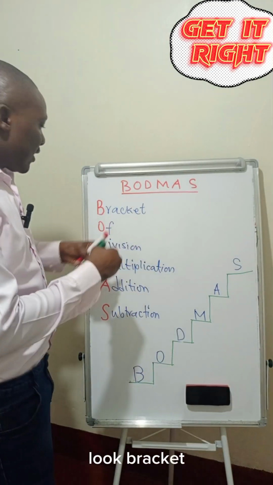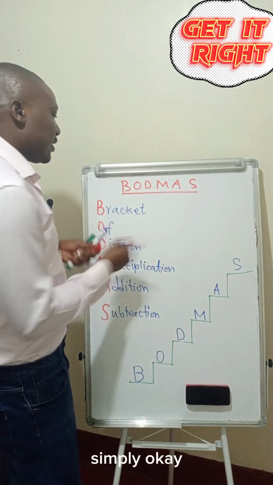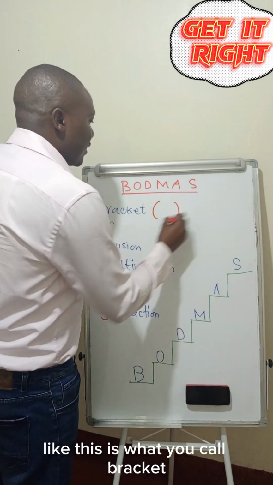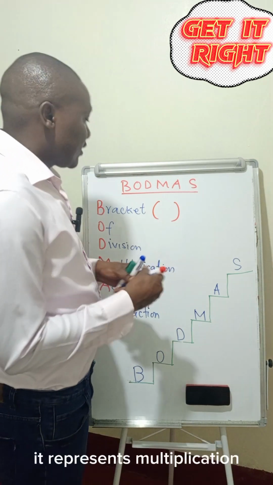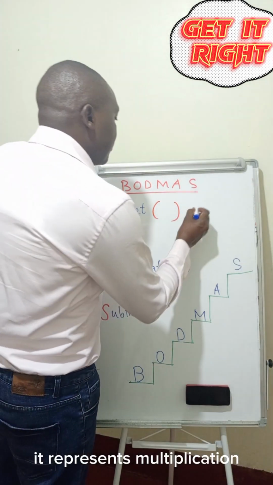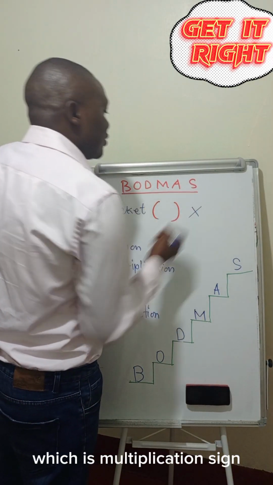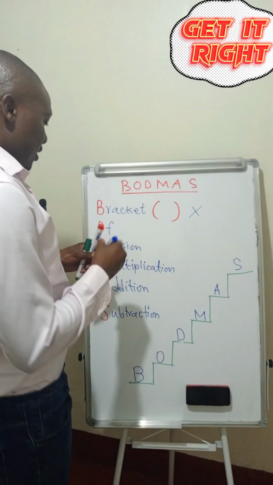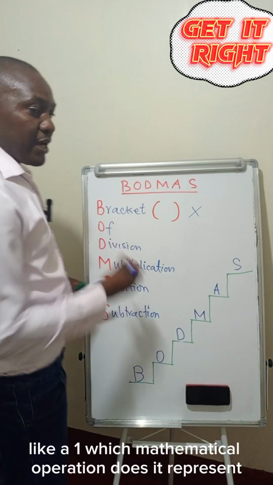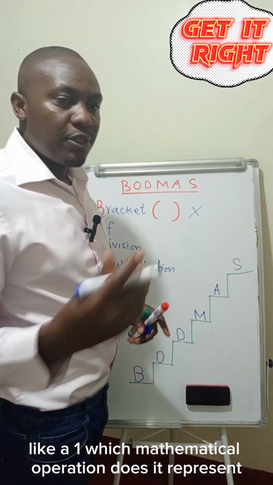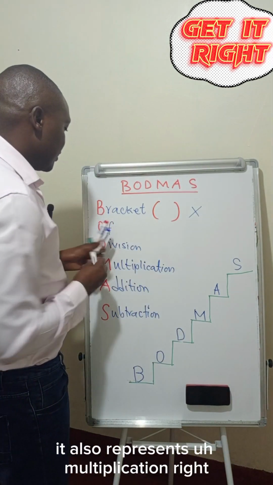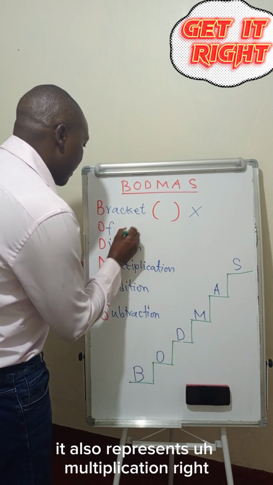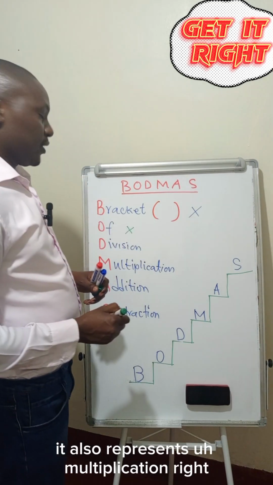Look, bracket simply, like this, is what we call bracket. But which mathematical operation does it represent? It represents multiplication, which is the multiplication sign. This of, just like a word, which mathematical operation does it represent? It also represents multiplication, right?